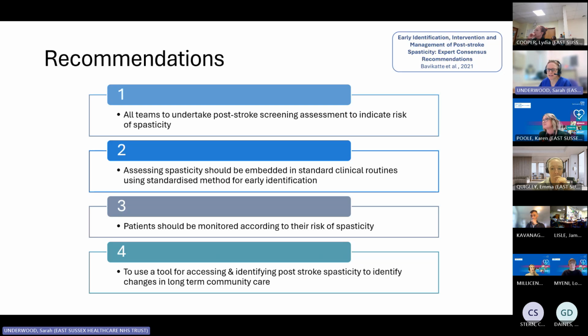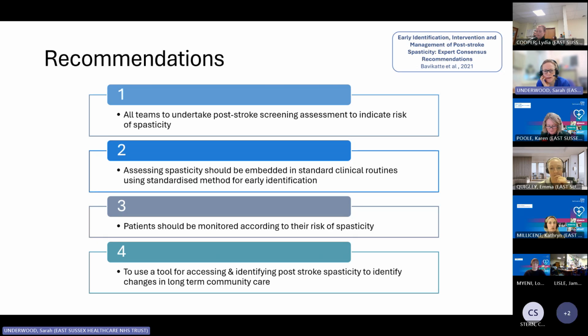Now, these are the recommendations that we presented to you, and they're not our recommendations, they are expert consensus recommendations. The reference is in the top corner, and that's that all teams undertake a post-stroke screening assessment to indicate risk of spasticity. So that's looking at those predictive risk factors and identifying which patients fall into that category. Assessing spasticity should be embedded into standard clinical routines using standardized methods of early identification.